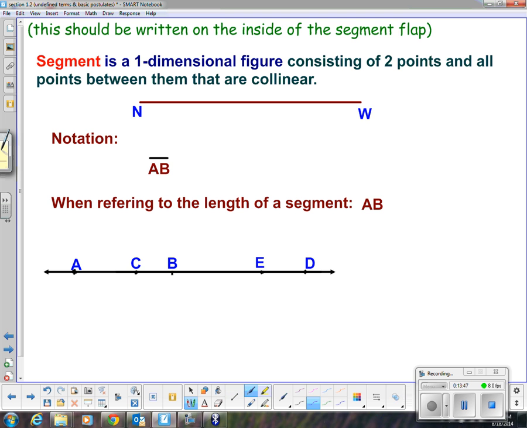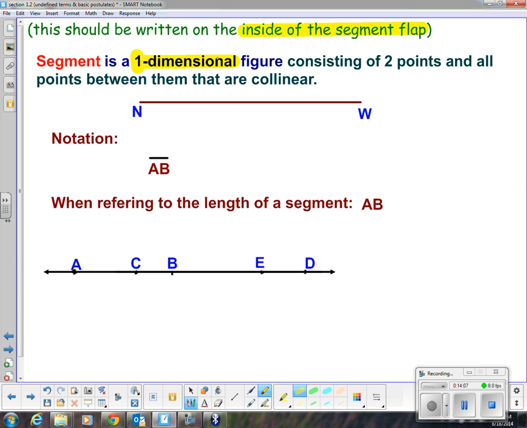All right, now again, we're back to our foldable. They should be written on the inside of the segment flap. Now we're going to talk about a segment. It's a one-dimensional figure. One-dimensional means it either has length or width or depth. Only one of those, not 2 of those, not 3 of those.